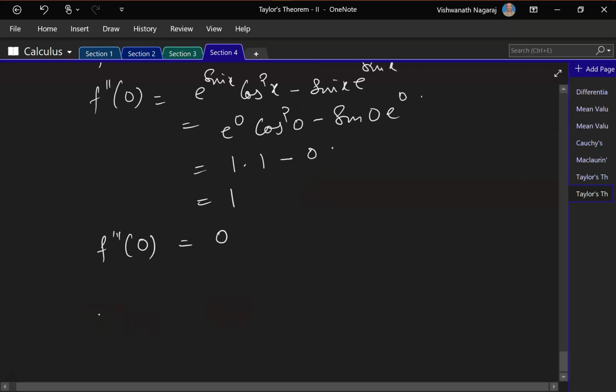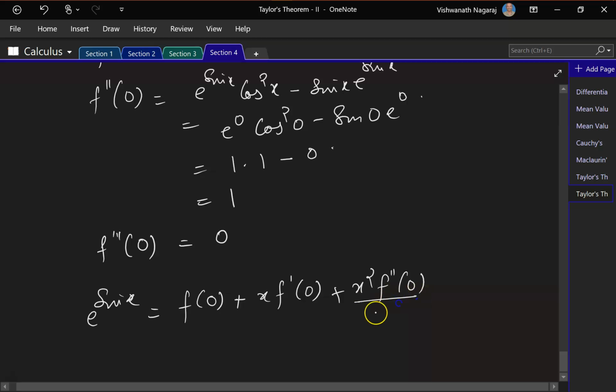Now let's apply the theorem. e to the power of sin x is equal to f of 0 plus x times f prime of 0 plus x square f double prime of 0 by 2 factorial plus x cube f triple prime of 0 by 3 factorial and so on.